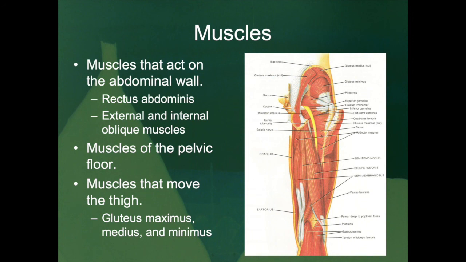The medius and minimus abduct and rotate the thigh medially. So again, the movement of that thigh is important to this muscle group, and the shape and the attachment points associated with, in this case, the pelvic girdle become important to these muscles as well, just because of their origins.